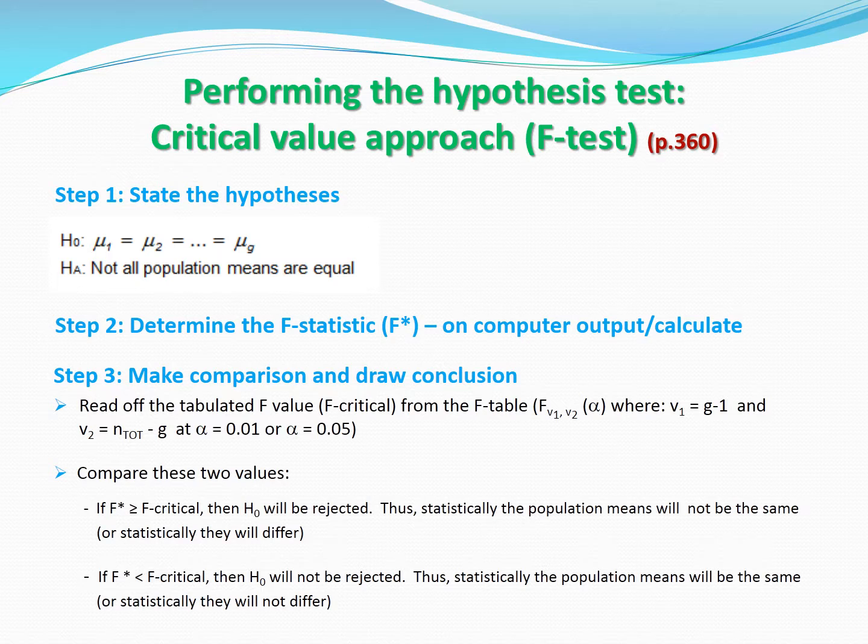So if this is rejected, it means that your population means will not be the same, or you can say that they will differ statistically. But if your F statistic is less than your F critical value from your F table, then your null hypothesis will not be rejected. So it means that this is true. Then your population means will be the same, or statistically they will not differ from each other.